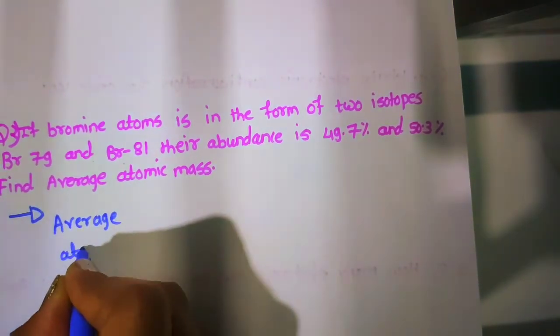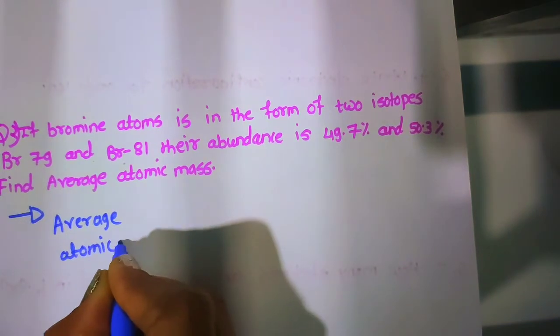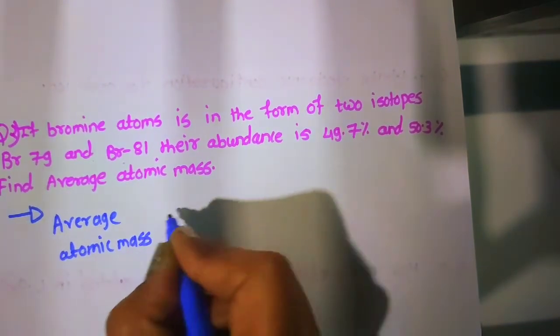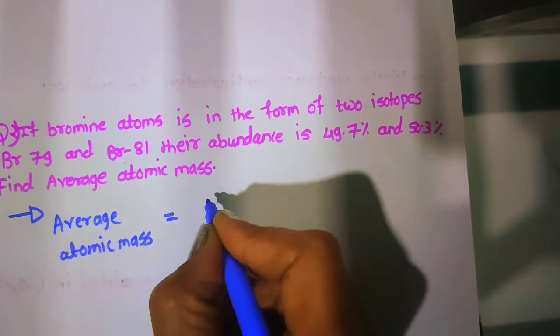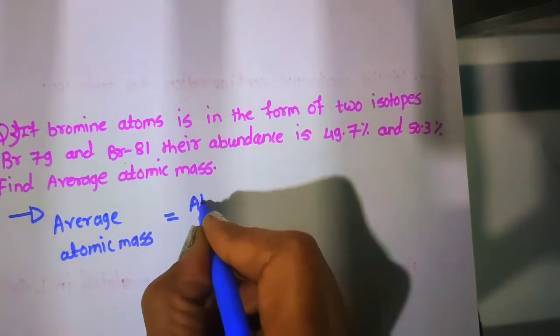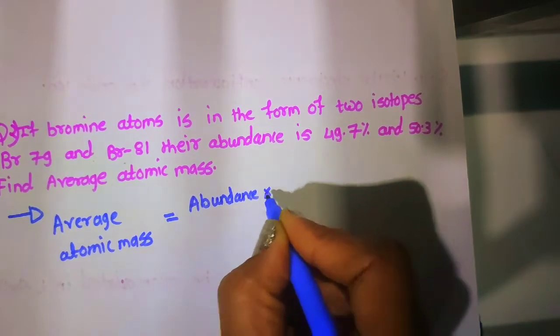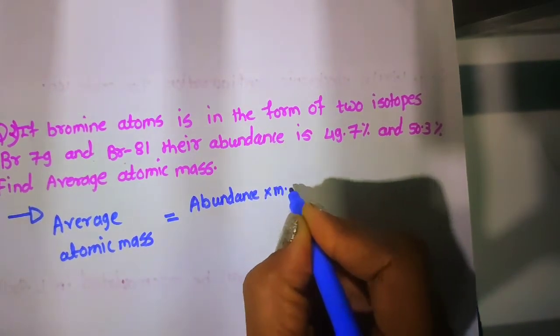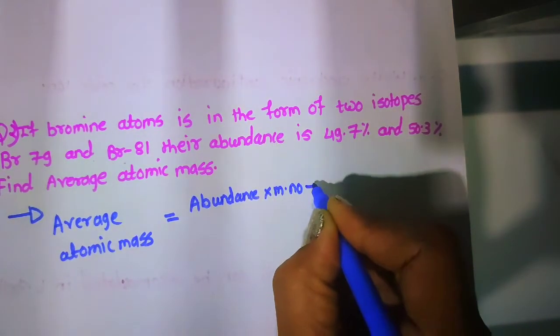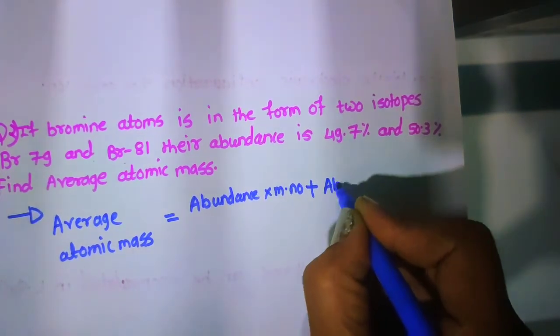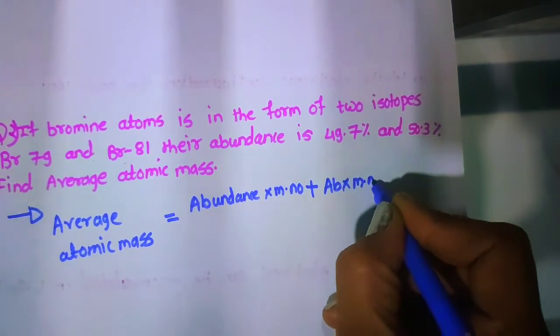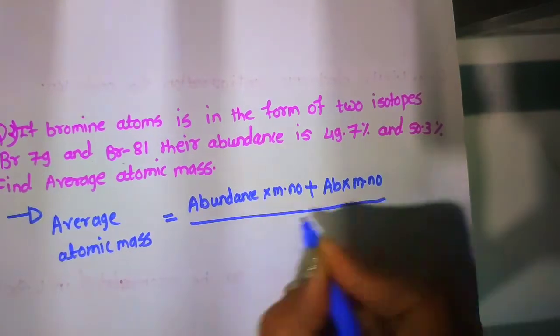Now we have to find out the average atomic mass. It has a formula. We can find it with the help of the formula: abundance multiplied by mass number plus abundance into mass number, divided by 100.